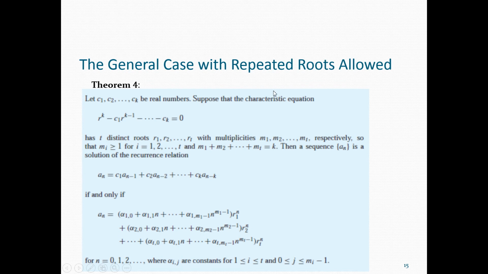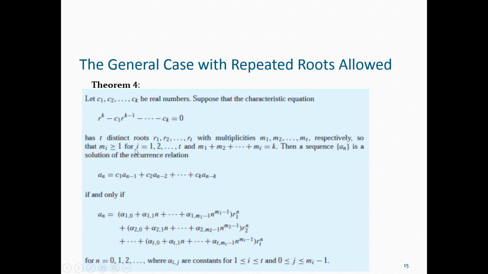The general case with repeated roots. So if we have a recurrence relation of degree k, which is linear, which is homogeneous, then the characteristic equation for this recurrence relation will be r^k minus c1 r^{k-1} minus up till minus ck is equal to 0.